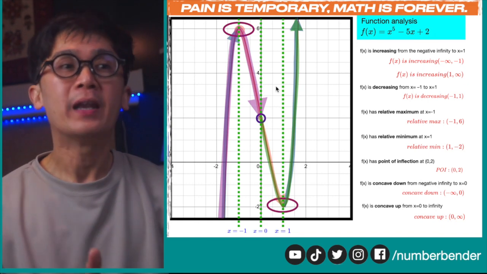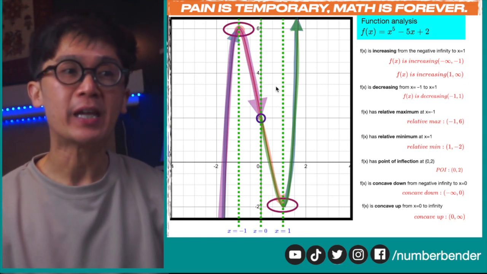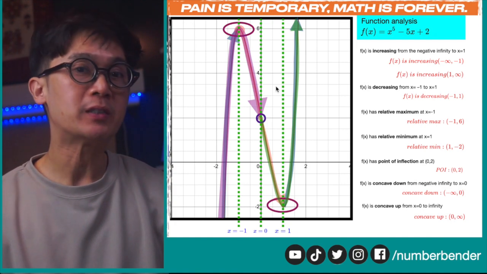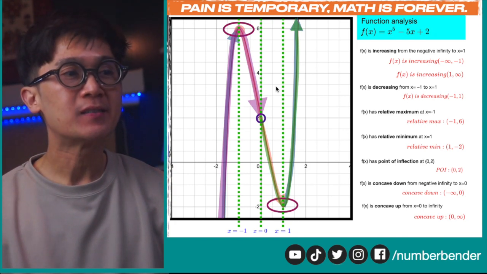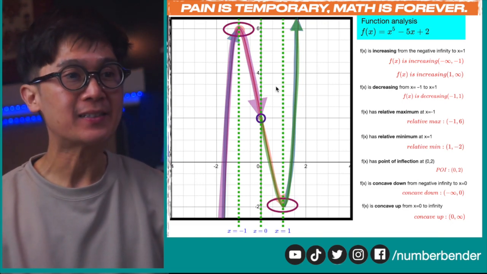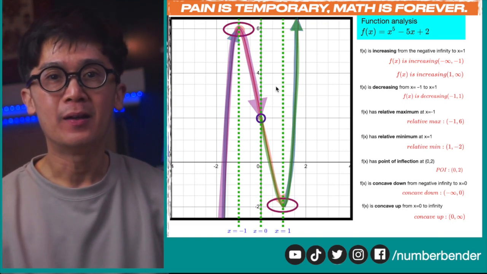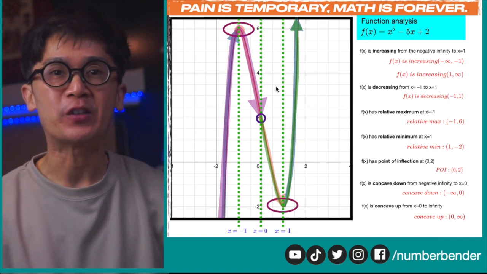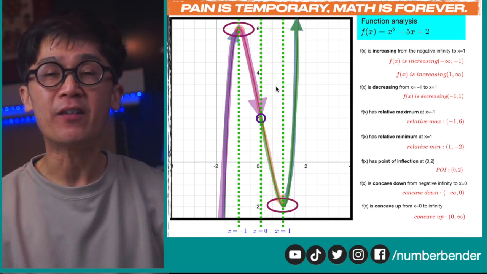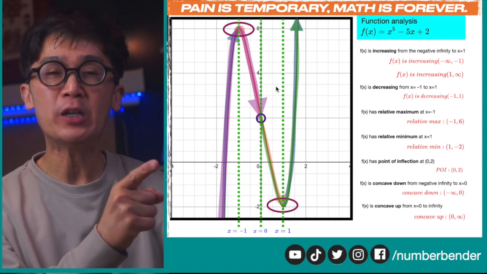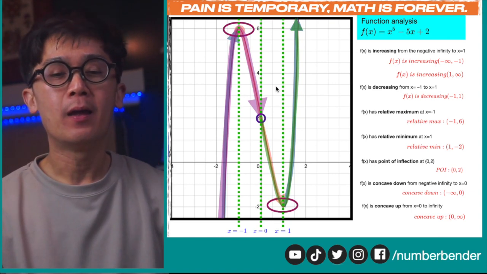And I know you can also represent the notation for the concavity using interval notation, x less than 0 and x greater than 0, depending on the concavity that you are working on. So those are our analyses given the function, like the graph that I'm showing.